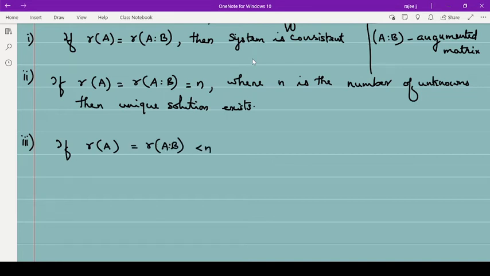For example, suppose 3 unknowns are there and we got rank of A equal to 2, rank of AB also equal to 2. Here 2 is less than 3. So rank of A equal to rank of AB, but that is less than n. Then infinitely many solutions exist.